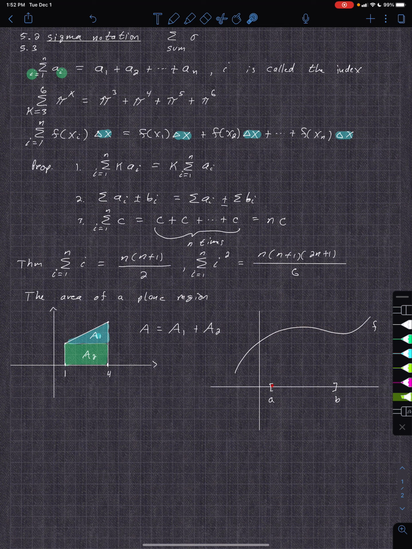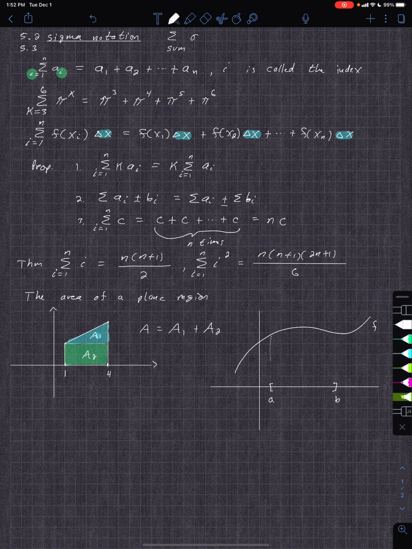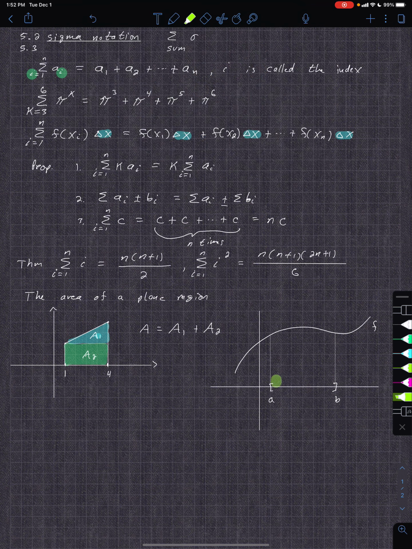So it varies infinitely from A to B, this part right here. But we're looking for this area under the curve. Okay, so that's our goal.